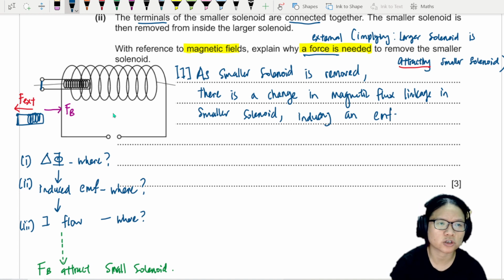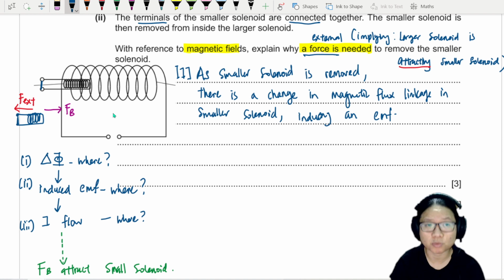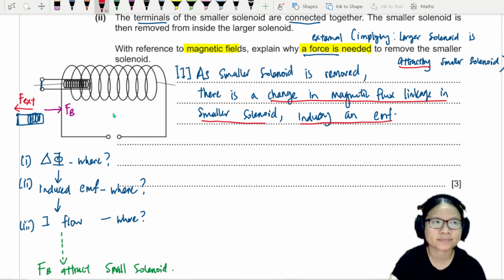So you can mention it all in one sentence also. As the smaller solenoid is removed, there is a change in magnetic flux in the smaller solenoid, inducing an EMF. Good enough.